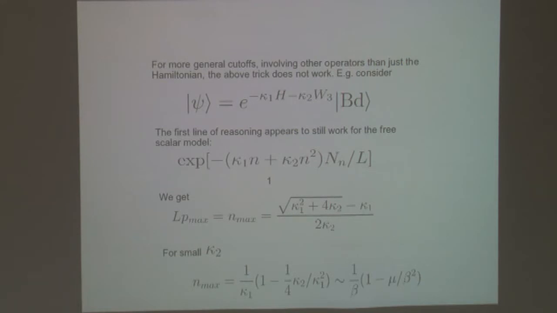So what is going to be the behavior? This second line of reasoning which was introduced by Cardy, using these beautiful geometric formulas, does not seem to work, unless somebody finds some geometric property of the W evolution.